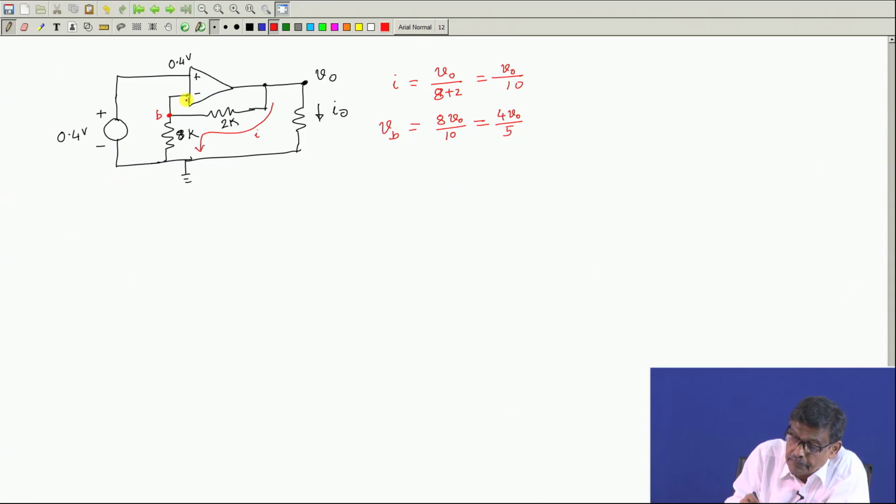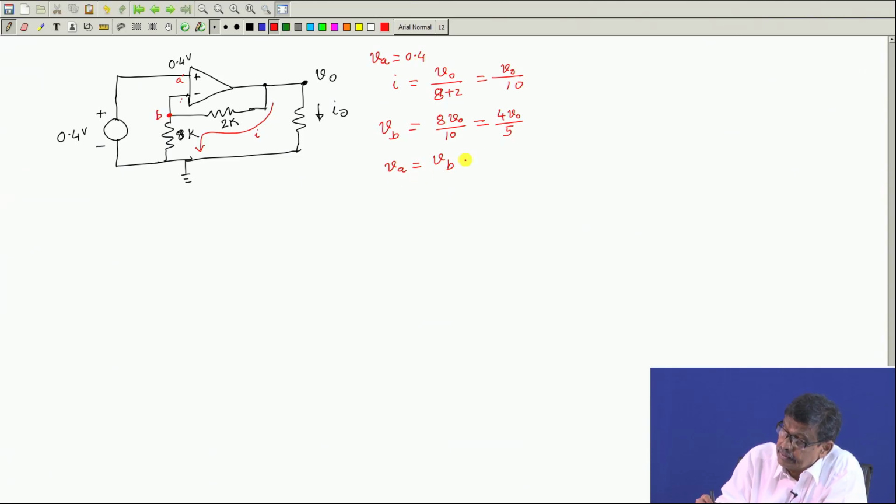Now, it is an ideal op amp with negative feedback. Therefore, potential of this point and this point must be same. Now, what is the potential of this point, that is point A? It has been conditioned by this external source 0.4 volt. So, I will say that V A has to be equal to V B, and V A, as you can see, is 0.4 volt.